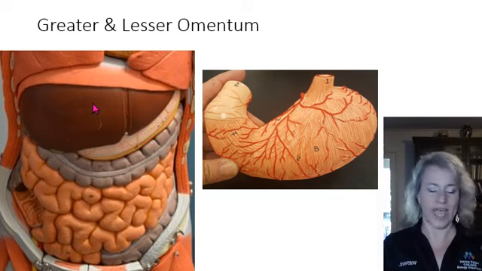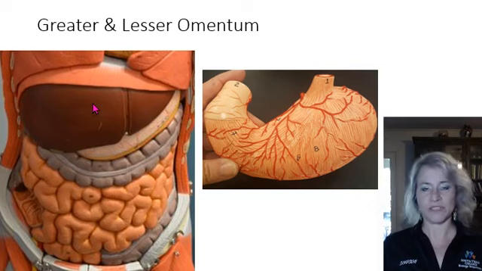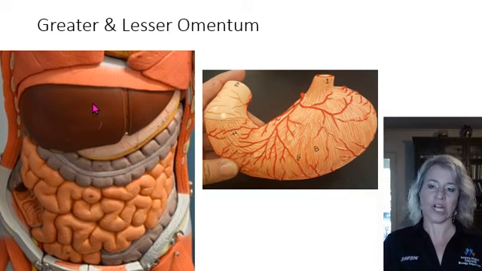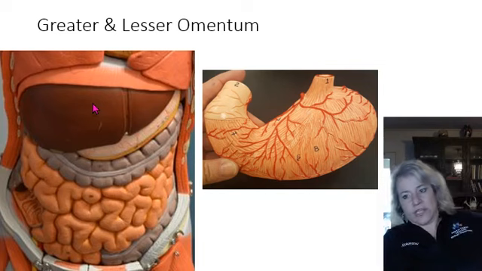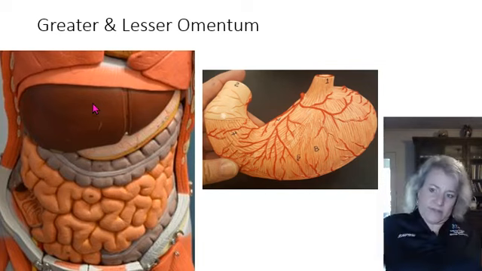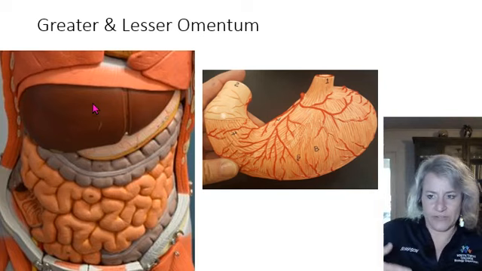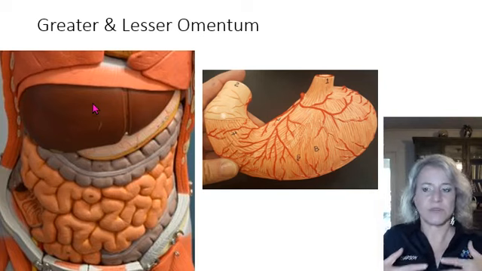It's not full of fat. But the purpose of that lesser omentum is to keep the liver on the right and keep your stomach on the left. Stomach's here and the liver is here. So, stomach, liver, and it just helps keep those in place.